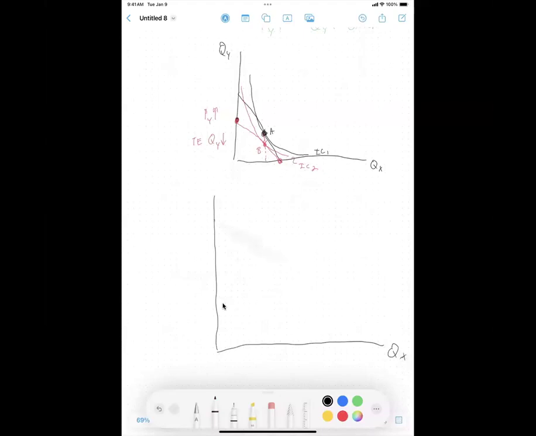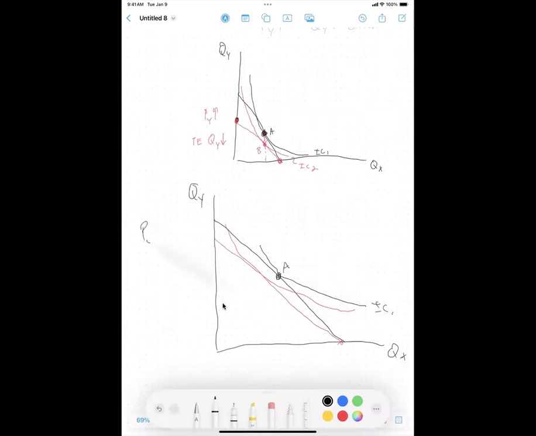So we'll think about if I had something like this. And let's say this is my original indifference curve. If I saw a change in the price of good Y, right?